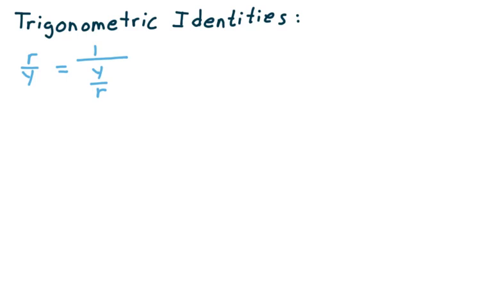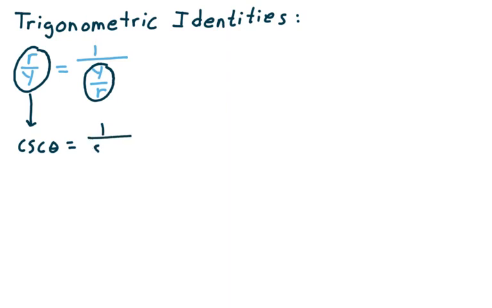R over y is the same as cosecant theta, and y over r is the same as sine theta. So cosecant theta is the same as 1 divided by sine of theta. And that's our very first trig identity.